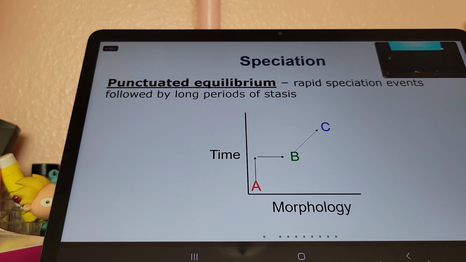Hundreds of thousands of years looks like a little blip in a geological time frame. So the idea here is, instead of gradual evolution, that you have stasis in a species followed by rapid speciation events. Stasis followed by rapid speciation events. This is the idea of punctuated equilibrium.